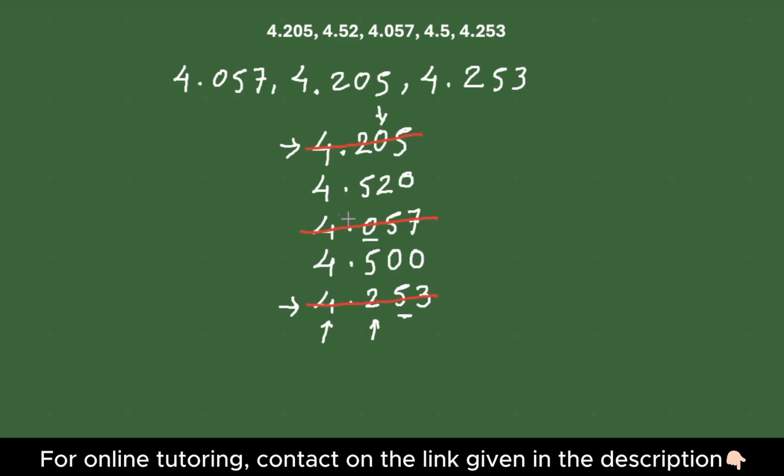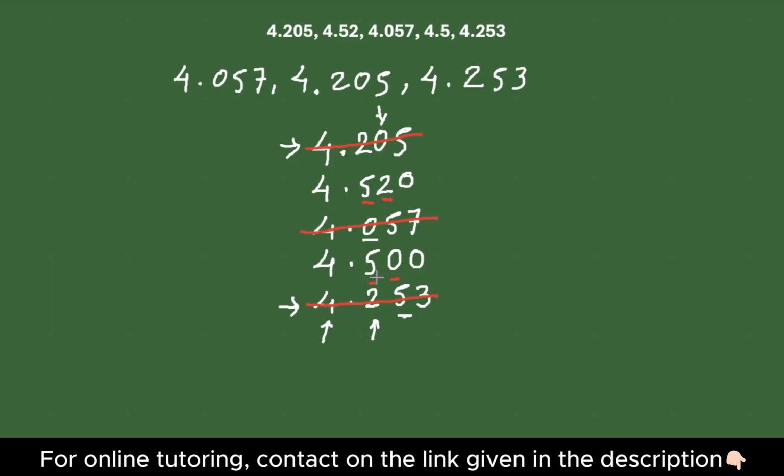After then we have 2 remaining numbers, 4.520 and 4.500. After the decimal point we have 5 in both the numbers, which is same. So let us move forward 1 digit. So next digits are 2 and 0. 0 is smaller than 2.